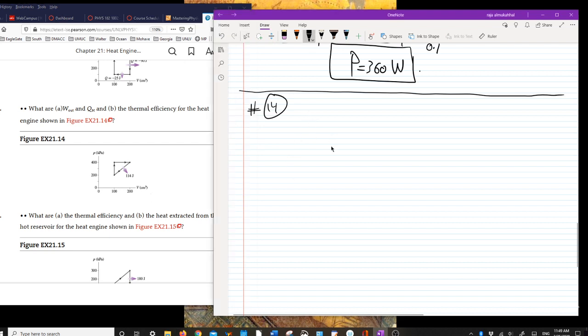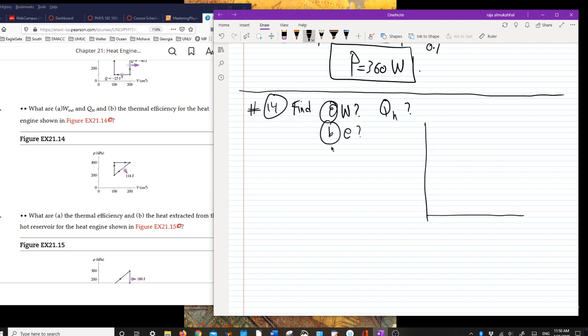So he said, find A, work, and QH. And B, find the efficiency. Well, it's not that bad. Let me draw it very quickly. So what I have is a triangle that looks something like that.